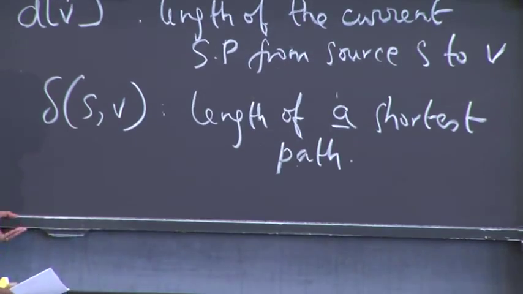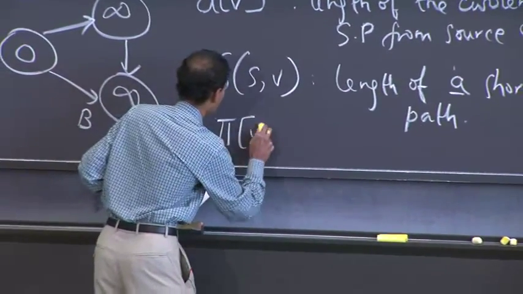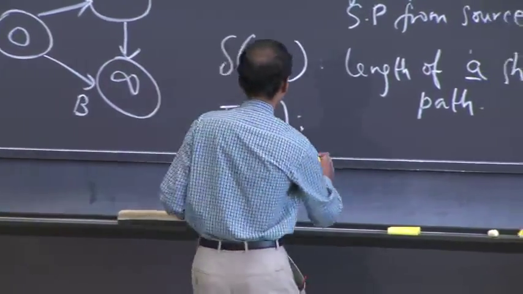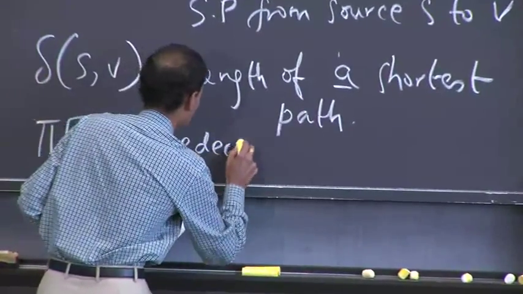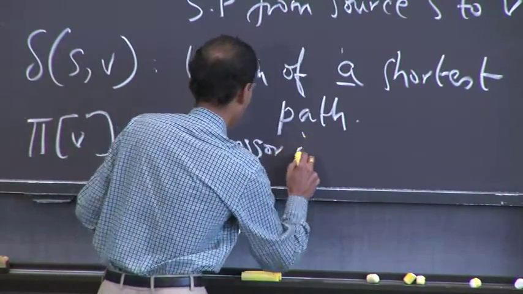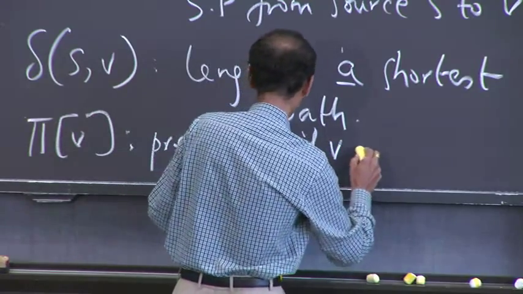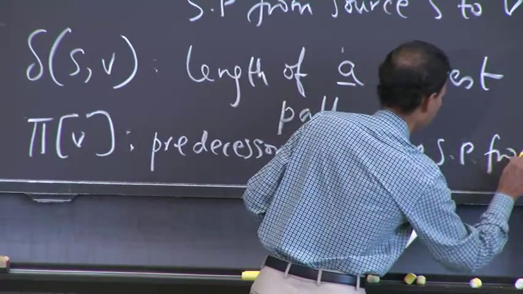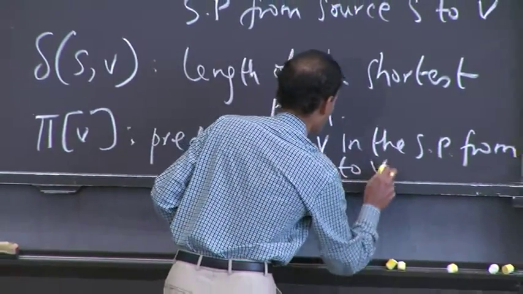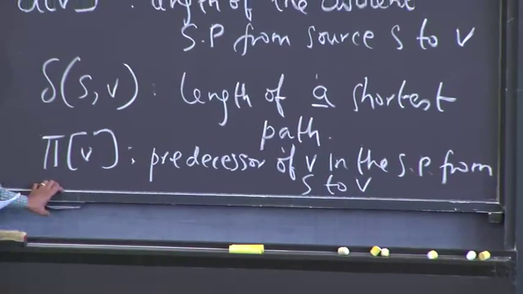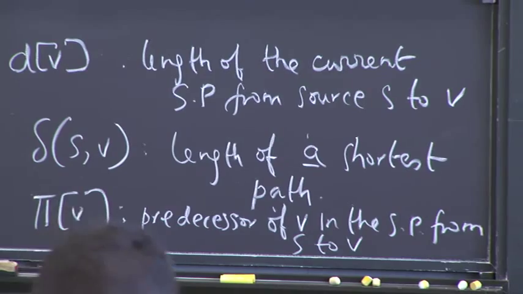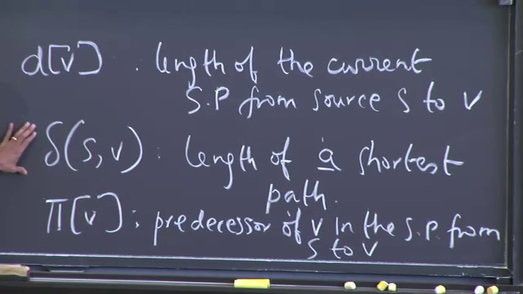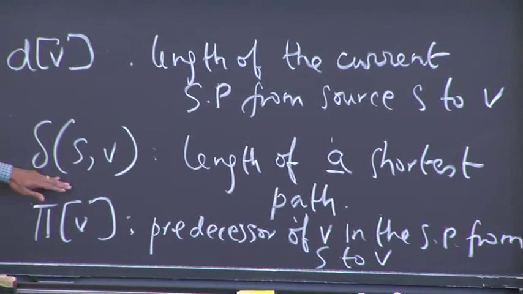One last thing that is important to reconstruct the path is the notion of a predecessor: pi of v is the predecessor of v in the shortest path from S to v. You can follow this predecessor chain to reconstruct the shortest path once you've converged and all of the values are down to delta of S comma v.